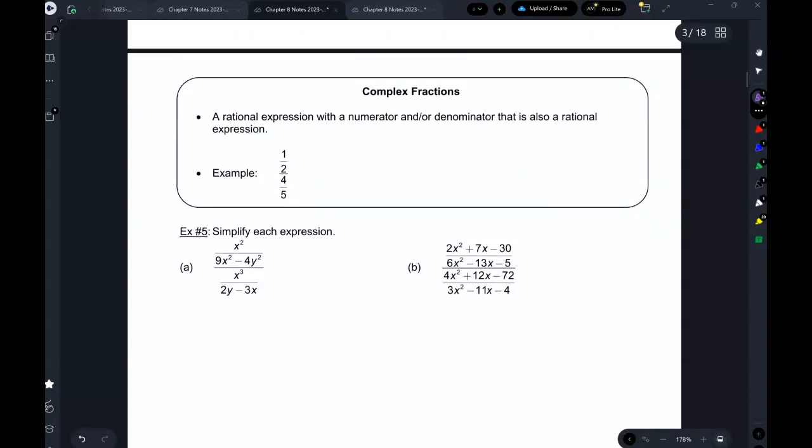Complex fractions, love them, but they gotta go. We love them, but we can never leave them the way they are. Okay? We always have to simplify them. They're not illegal like having an I in the denominator, but you know, they're not cool. They're not simplified. Okay, so a complex fraction is basically a fraction where its numerator or its denominator or both are also a fraction.